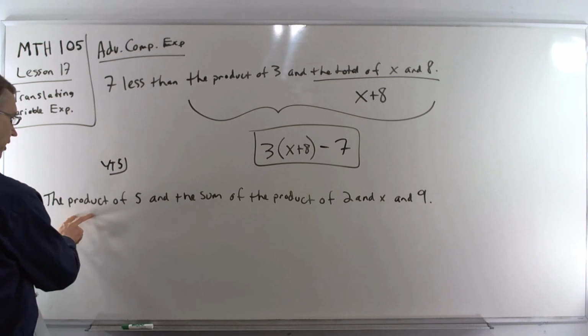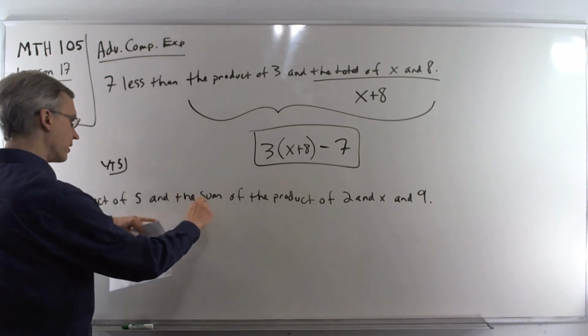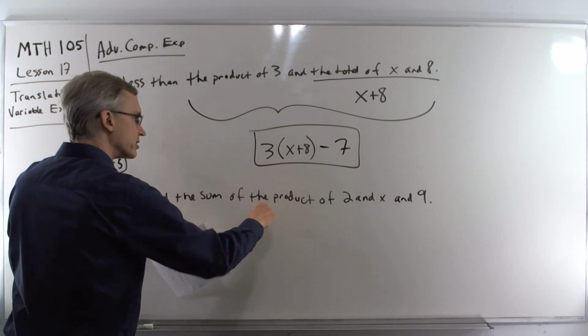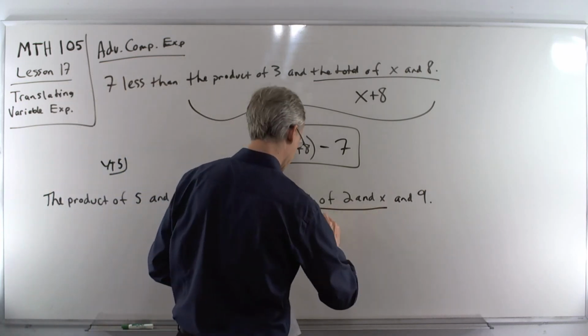So if we start here, the product of 5 and the sum, all right, there's our second operation, can't start there. Sum of the product, 2 operations, can't start there. Let's start right here, the product of 2 and x.